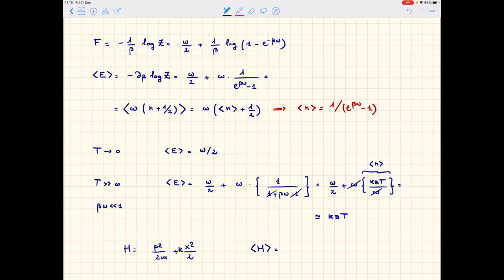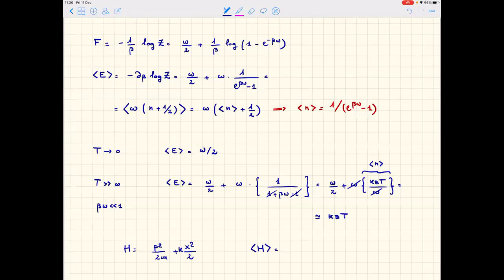I think kx squared over 2. But not sure. What kx squared over 2? I don't understand your answer. I mean, the average Hamiltonian would be, I'm not sure.